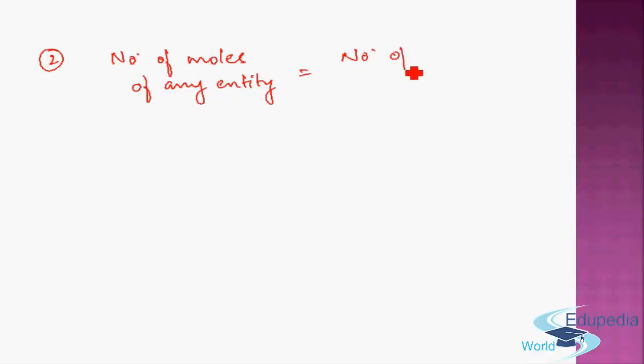We have already seen the theory, so I will directly give you the formula here. Instead of using the unitary method, you can always calculate number of moles of any entity as number of entities divided by Avogadro's number Na.